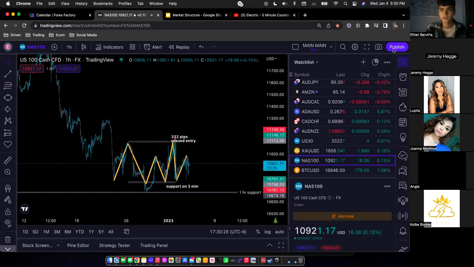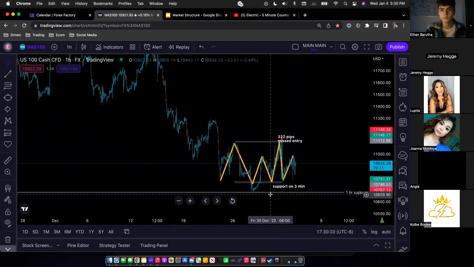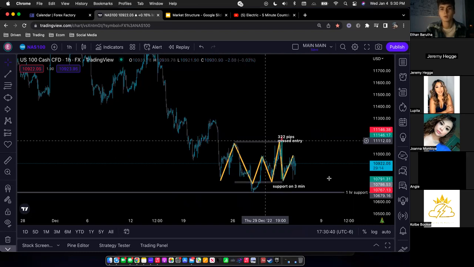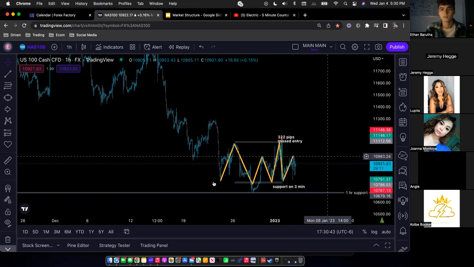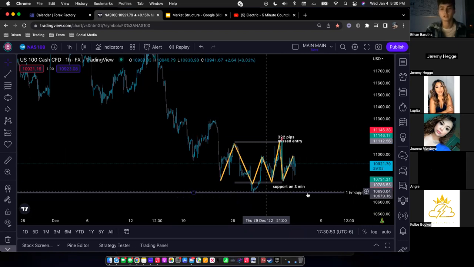So you see how I have my 1 hour support here? My 1 hour resistance is probably going to be up here. I had that marked up, but then I just replaced it. But what happens is, on my 1 hour support from previous market structure, because market structure is always going to leave clues for you, this is a very, very good zone.